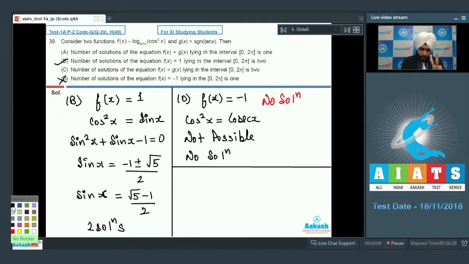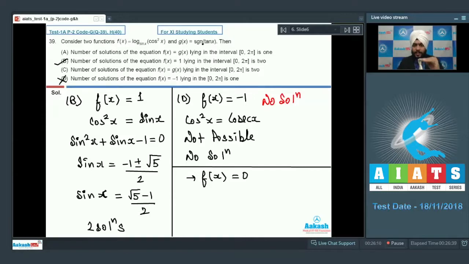Let us check for f(x) equal to 0. If f(x) is equal to 0, that means first of all, g(x) has to be 0 because I am solving via f(x) is equal to g(x). g(x) is 0, that means tan x is 0. So there are two conditions which are to be simultaneously satisfied: tan x is 0, f(x) is 0.